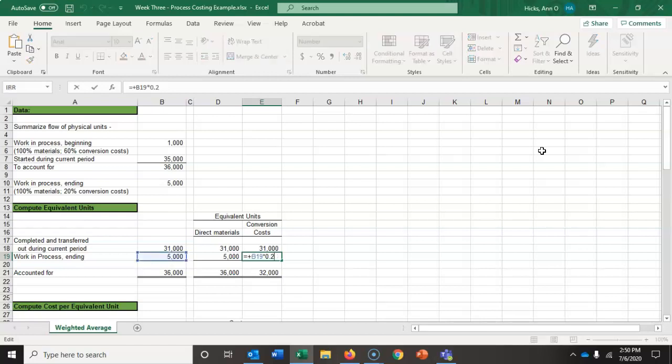And I got that just by multiplying the 5,000 times the 20% completion. Then if we add these columns up, our equivalent units for direct materials is 36,000. Our equivalent units for conversion costs is 32,000.